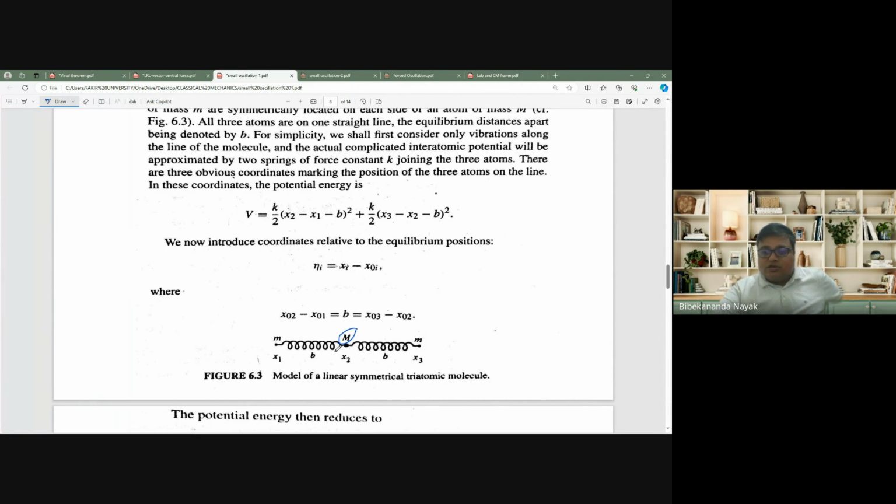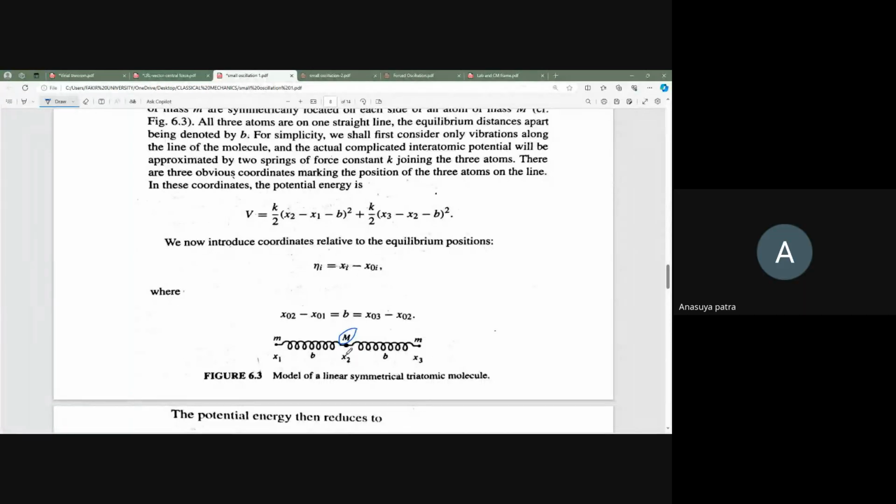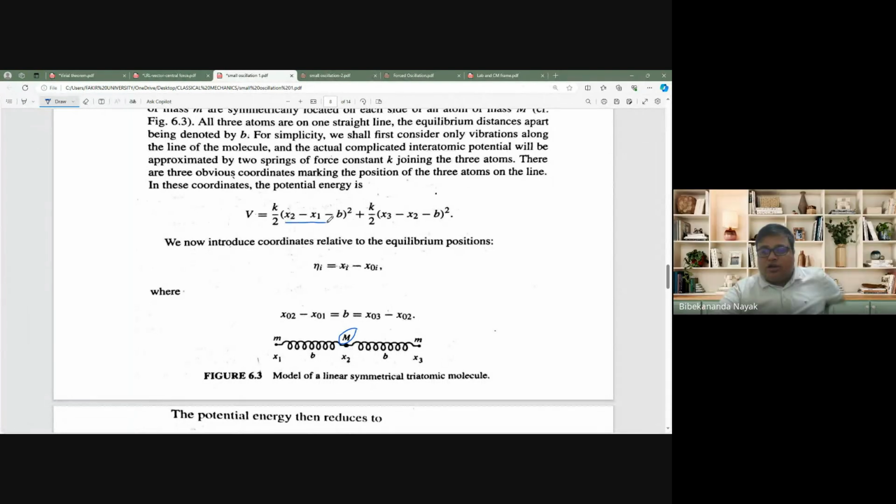So for this, what is the potential energy if you take these positions x1, x2, x3, with equilibrium separation b? The coordinates will be x2 minus x1 minus b, and here the difference will be x3 minus x2 minus b. Half k x squared, they are just like simple harmonic oscillators connected by springs.